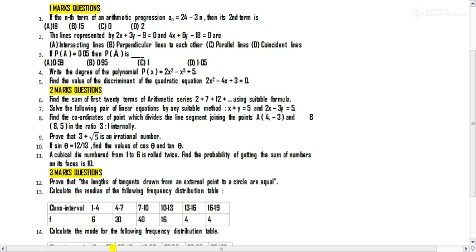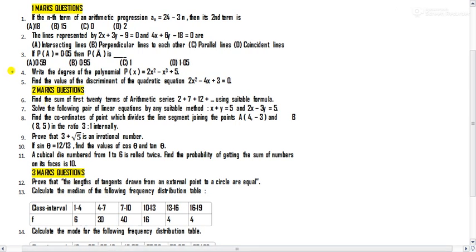Question number 4. See, now these were MCQs, multiple choice questions. There will be 8 multiple choice questions. I have taken the easiest. So these 3 are easiest and you are going to get similar questions in your exam also. I'm not saying the same question will come.